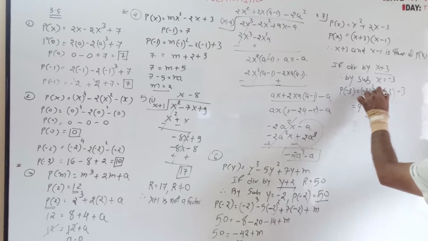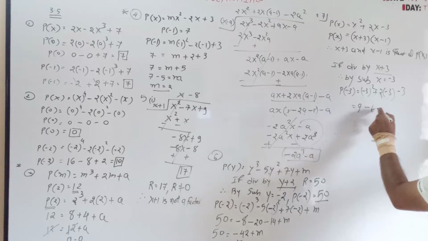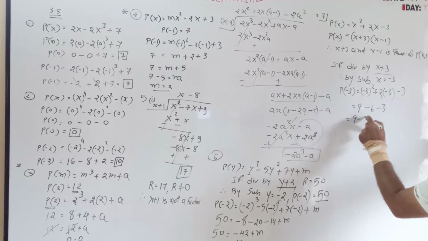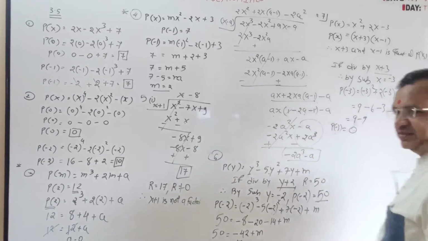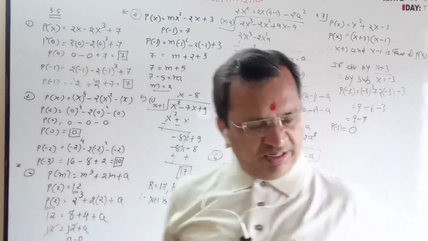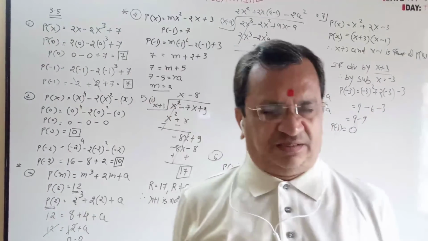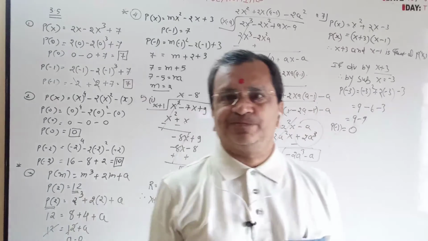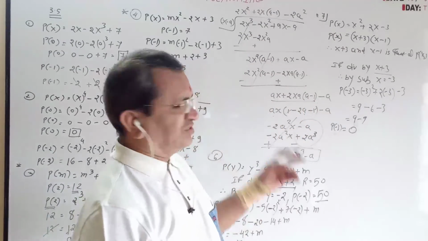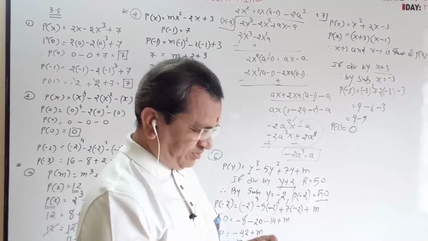This is plus, so this is minus, minus. 9 minus 9 is 0. If the remainder is 0, then it is a factor. Follow? So take a screenshot of this much of the sum.